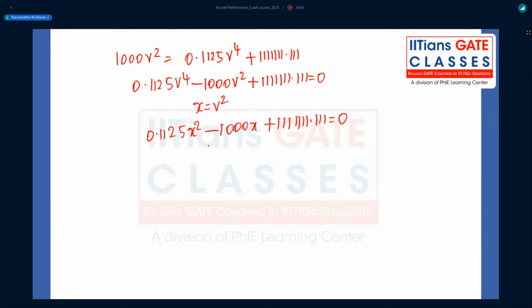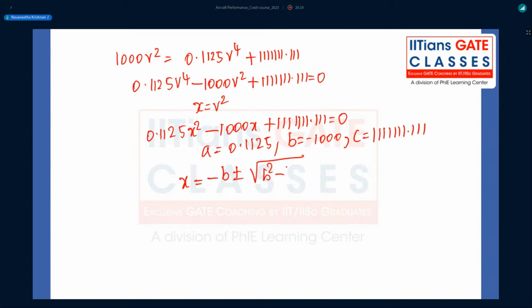In this, if I have to solve this problem, we can take A as equal to 0.1125, B as equal to minus 1000, C as 1111.111. Now, how to solve this problem? x equal to minus b plus or minus root of b square minus 4ac, by 2a.